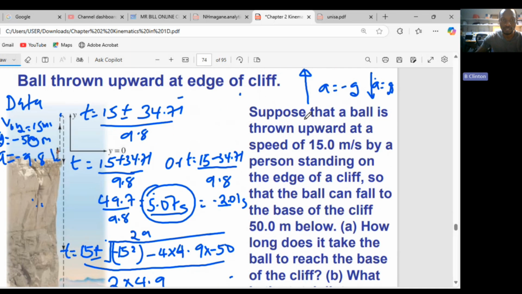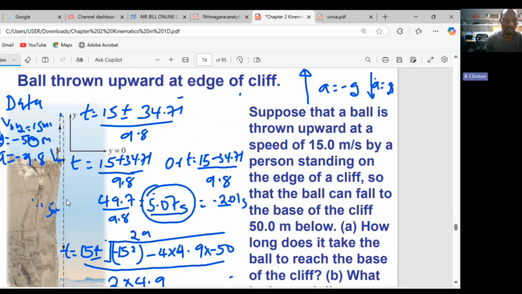So now the total distance traveled by the ball is the distance between the edge of the cliff where the person was standing until it threw it up. It reaches here, the maximum height, and the ball traveled back until it reaches this point where it started, and then we were told from this point until the base of the cliff is 50 meters.